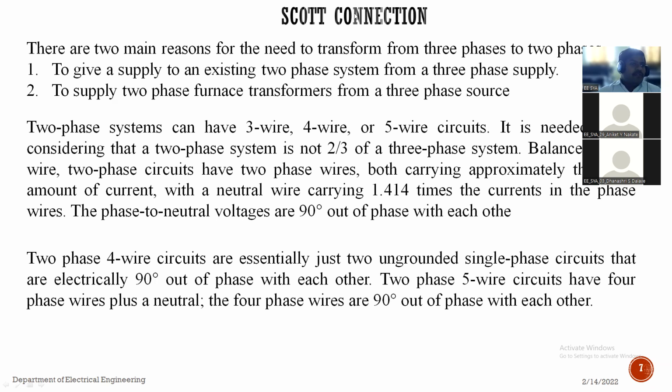The voltage rating priority is given as follows: the primary winding has a high voltage rating, the tertiary winding has a low voltage rating, and the secondary winding has an intermediate voltage rating.